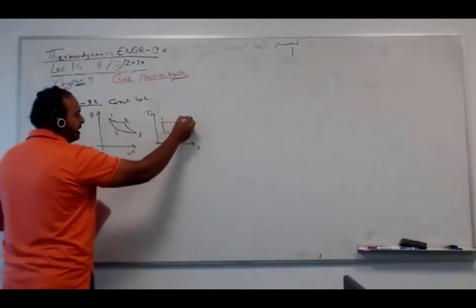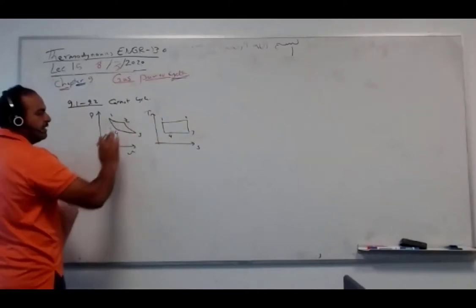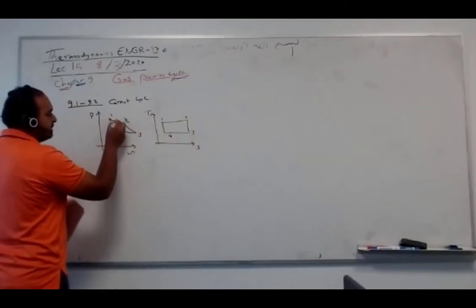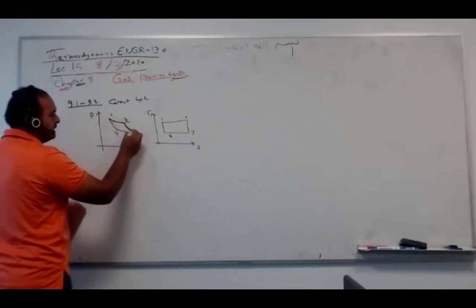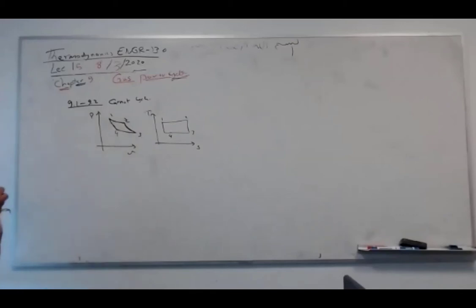Constant temperature, isentropic, constant temperature, isentropic: adiabatic and reversible. Everything is reversible. This is the PV diagram, and this is the TS diagram.